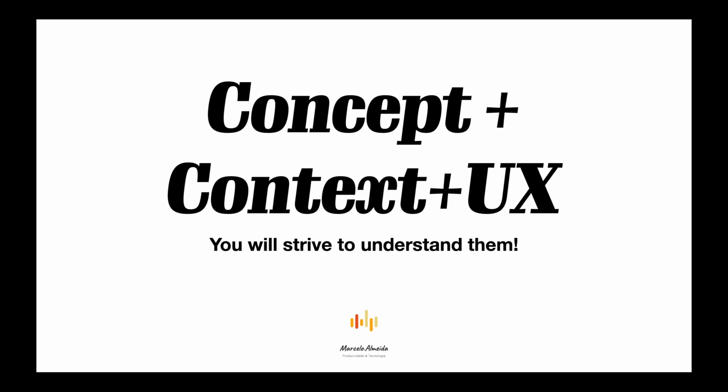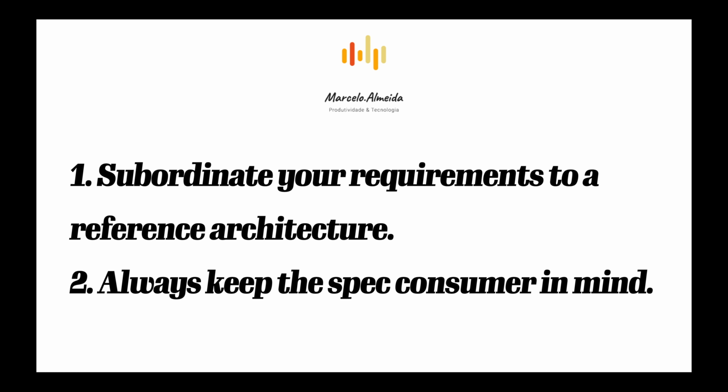You strive to understand those concepts and how to apply them into your system spec. Those are the 2 tips. Subordinate your requirements to a reference architecture and always keep the spec consumer in mind.